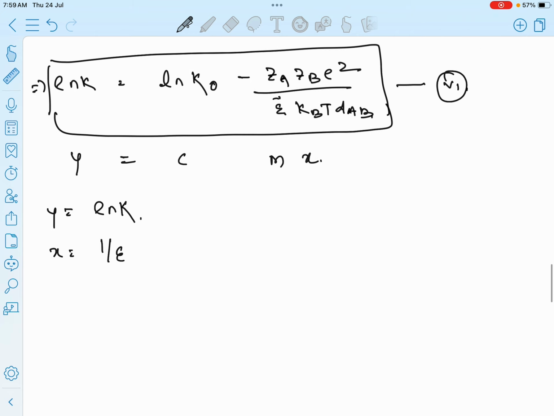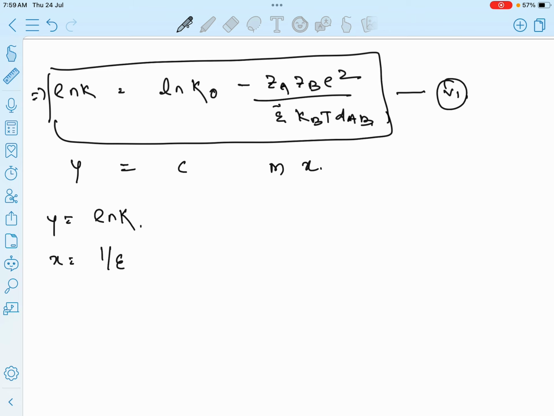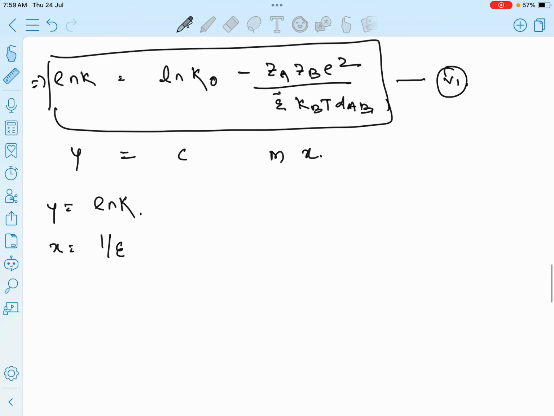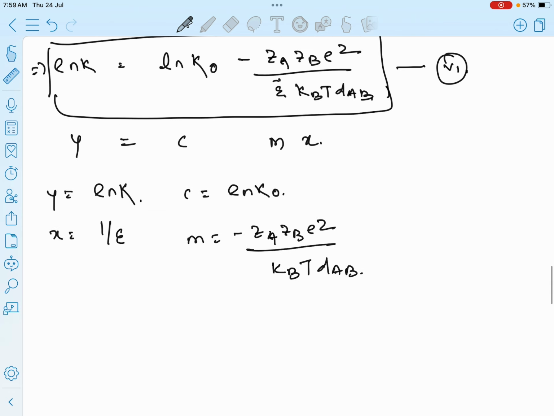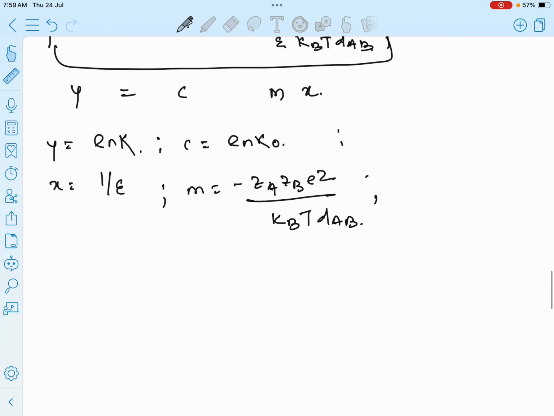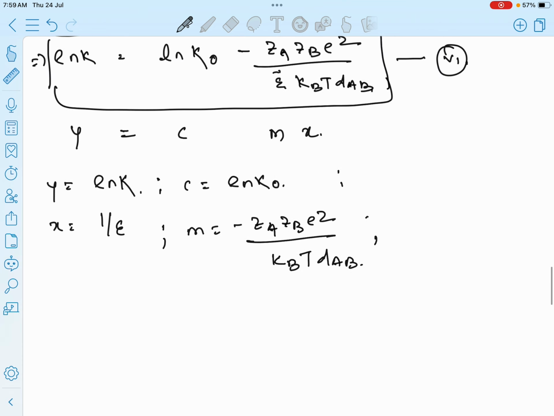In the x-axis we will take the reciprocal of the dielectric constant and c obviously will be ln k node, and m is equal to minus ZA ZB e square divided by kBT dAB. That means our slope is negative, and this is a straight line.